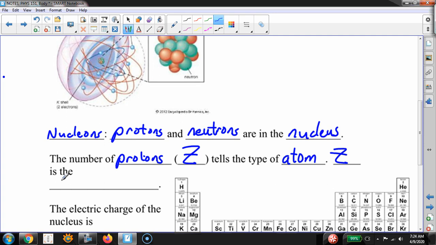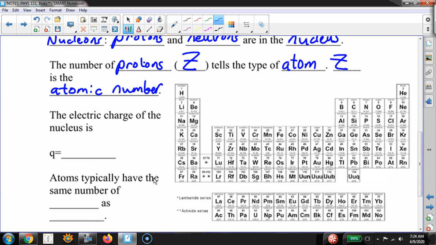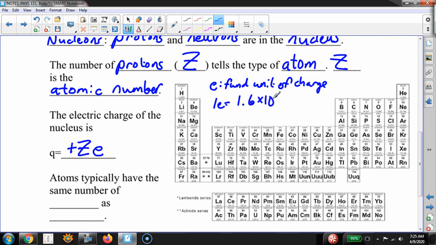Z is the atomic number. The electric charge of the nucleus then is equal to plus Z times the fundamental unit of charge. You remember this e is the fundamental unit of charge. We saw it a couple of chapters ago. And 1 e is equal to 1.6 times 10 to the minus 19 coulombs.